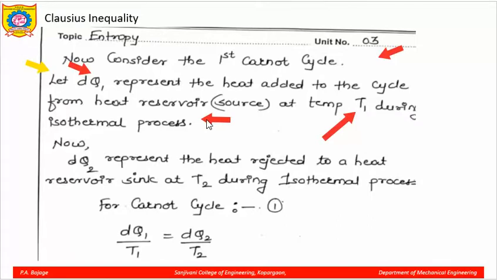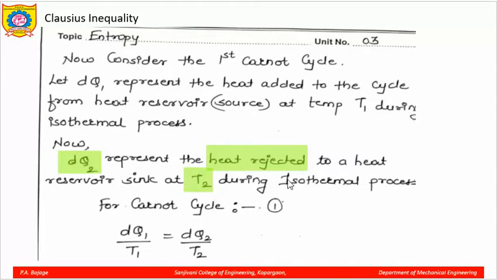Whereas dQ2 represents the heat rejected at a sink reservoir having temperature T2 during an isothermal process.